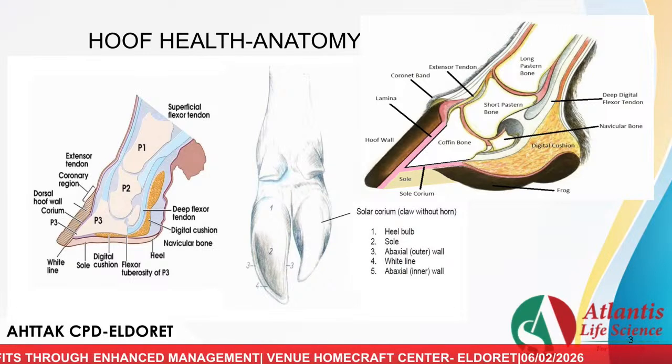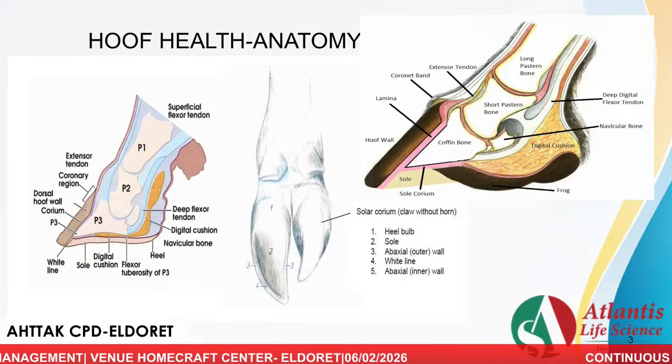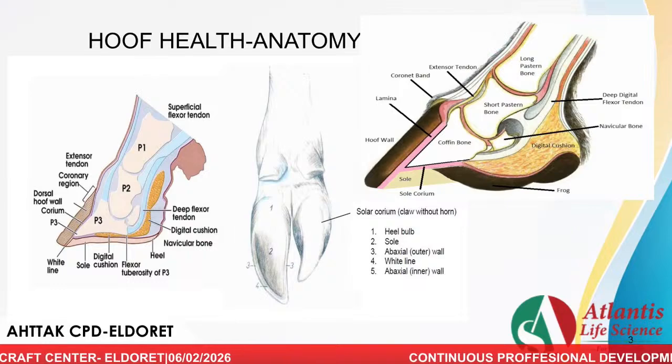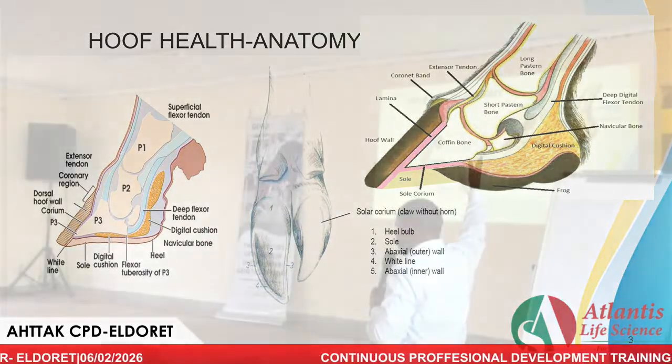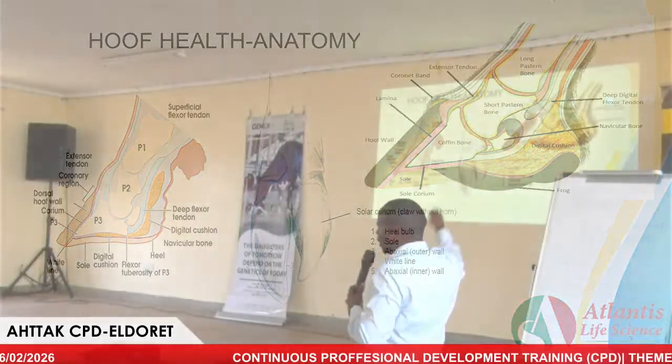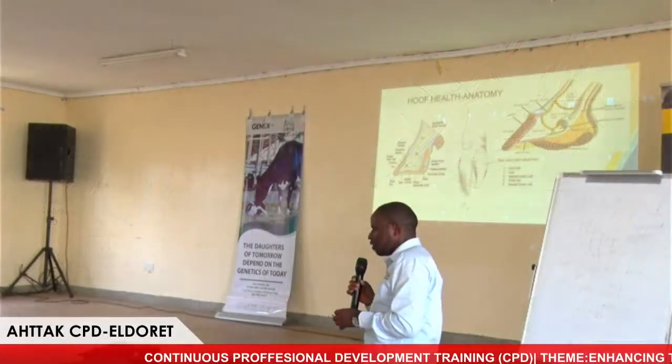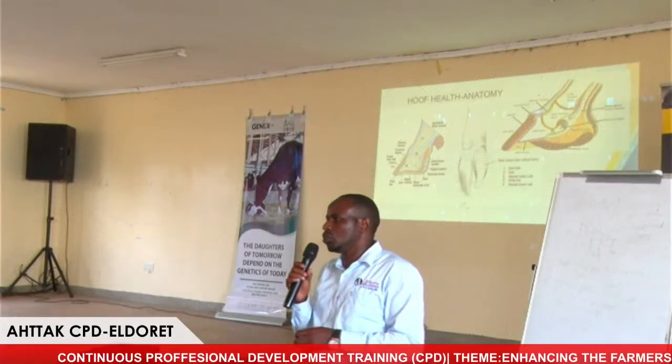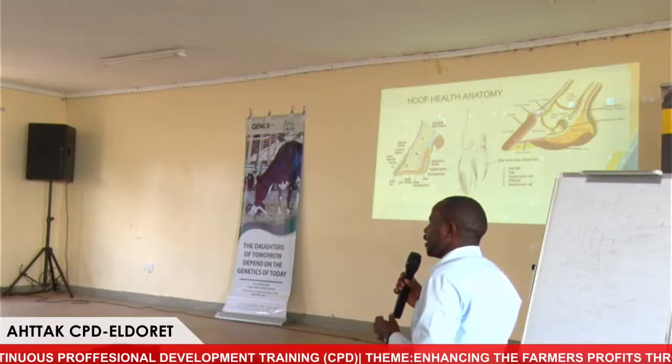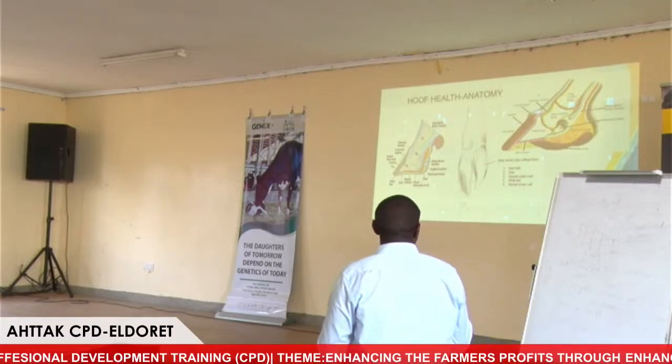Of course, we have other structures. We have the long pastern bone, and then the short pastern bone before the petal one. The function of these structures is to give support to the hoof of the animal, and also provide shape for the hoof.